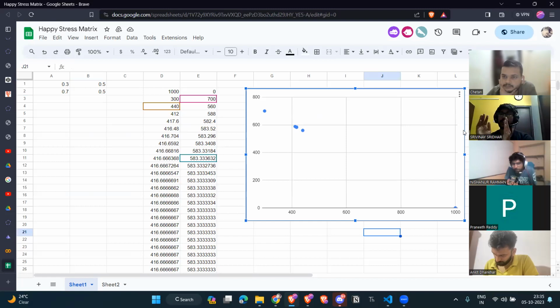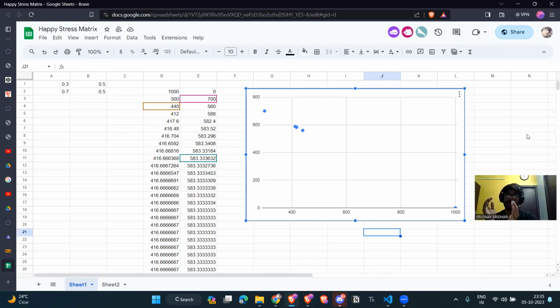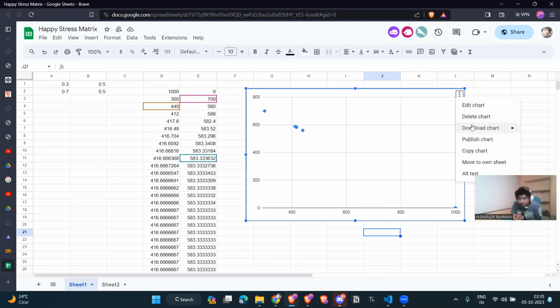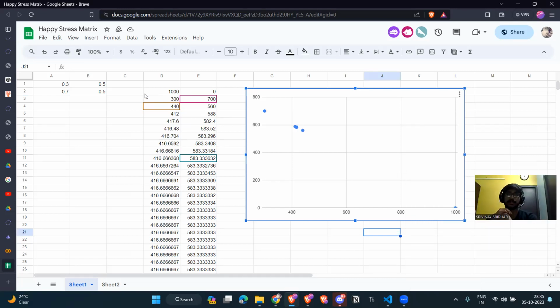If I start with 1000 people as happy and 0 people as stressed, that is nothing but showing, can you highlight D2 and E2? Do you see that? D2 and E2, just above that, 1000 and 0. So that is what I'm inputting.